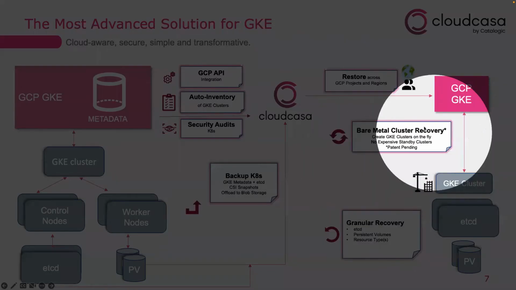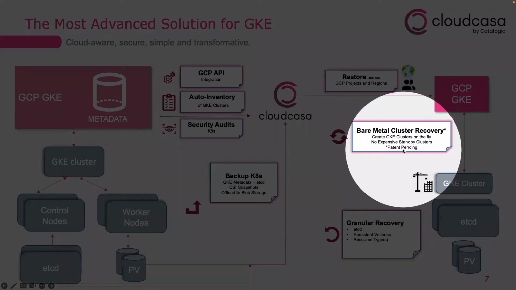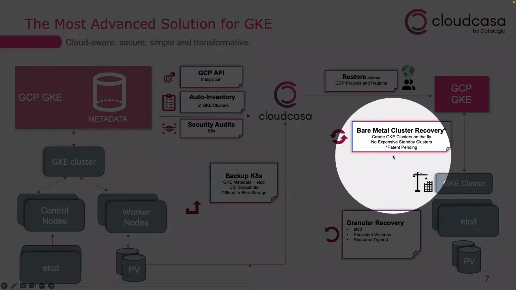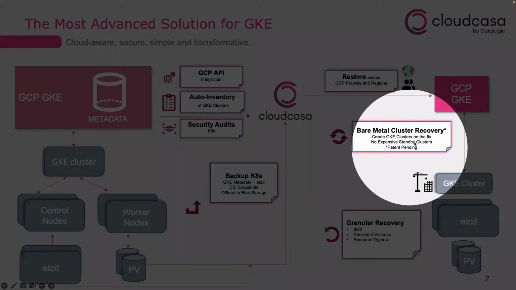Also, very importantly, it allows what they call bare metal cluster recovery. That means as part of your restore, you can choose to recover to a new cluster. It allows you, from the UI, to create a new GKE cluster on the fly.